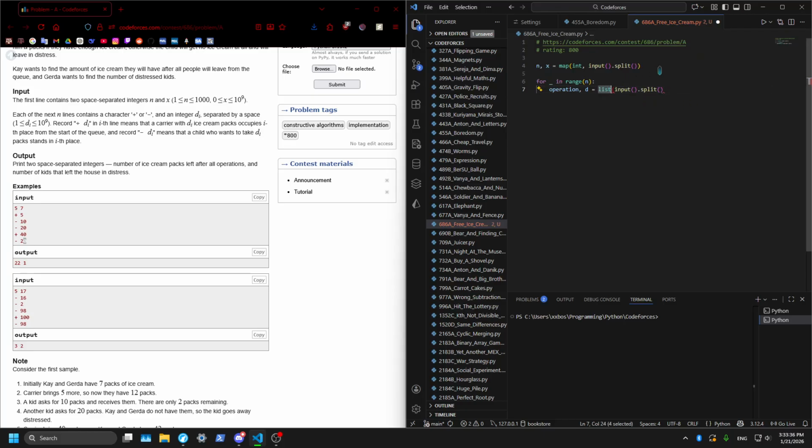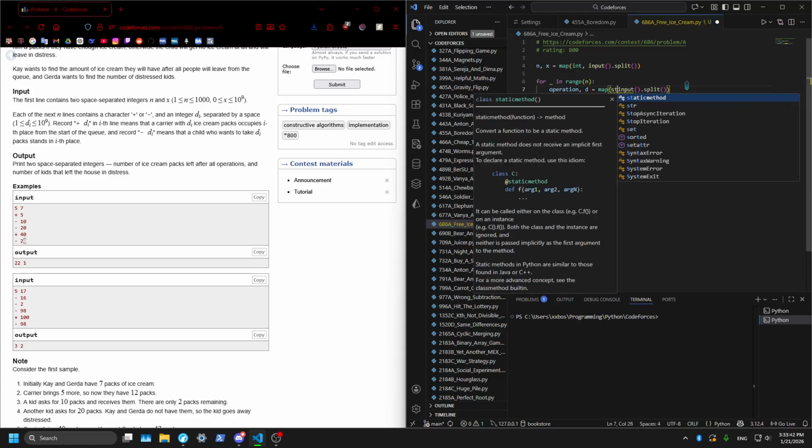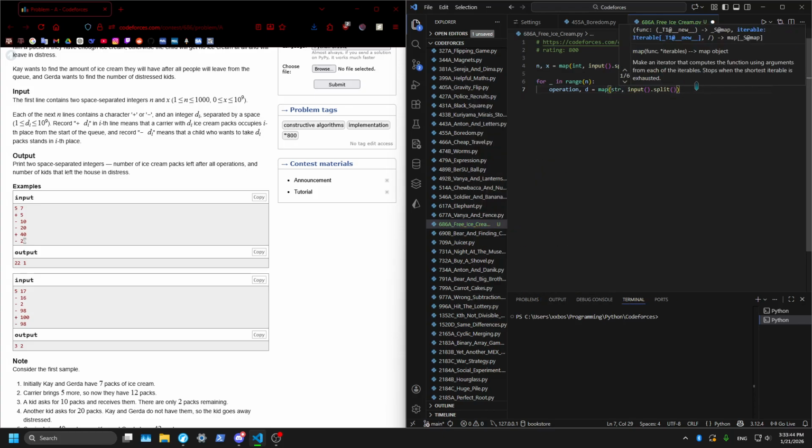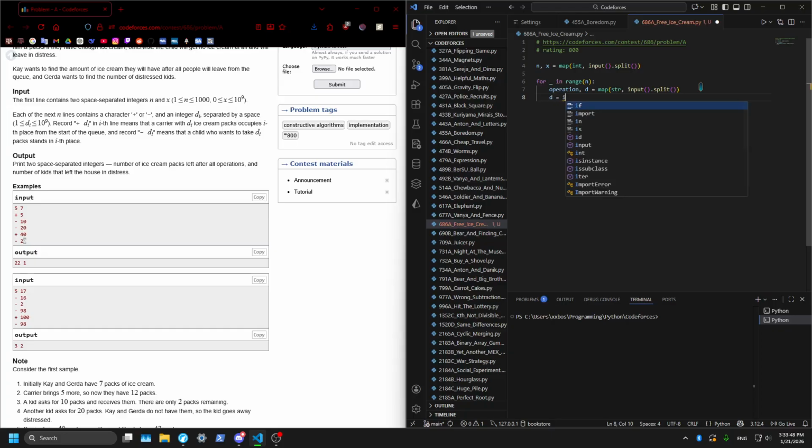Okay. Map string input dot split, d equals int d. There we go.